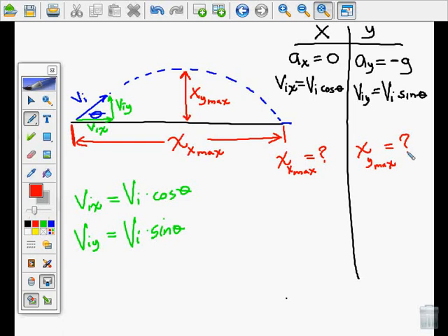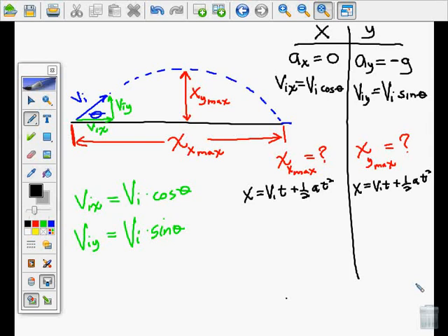And once again, just like before, what I suggest you do is to get both of those displacements, use the great displacement formula. So basically, in both cases, you could use x equals vit plus 1/2 at squared. And over here, you could use x equals vit plus 1/2 at squared.